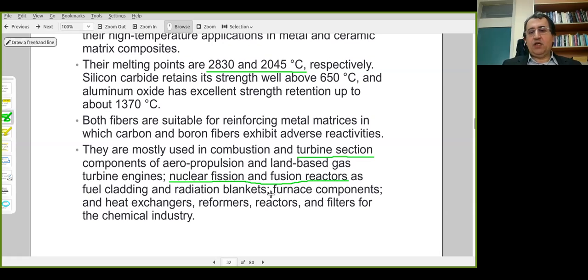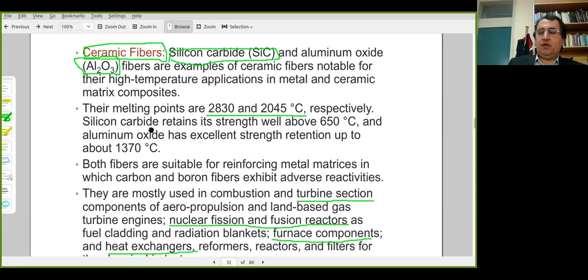Or they can be used as furnace components in heat exchangers. These are different high temperature applications where ceramic fibers can be used in a metal matrix, for example, to improve the resistance against heat flux or thermal effects.